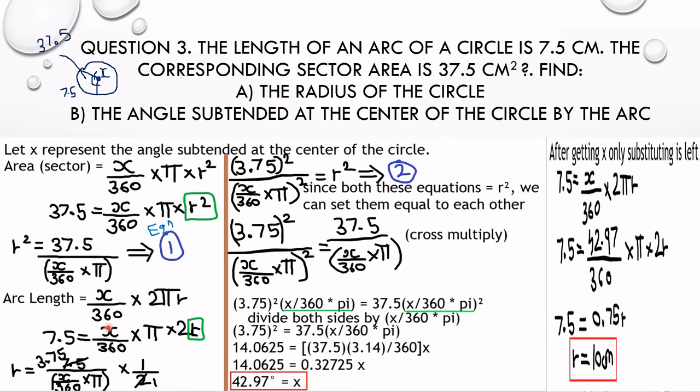So I simply take x upon 360 into pi down over here, and this 2 also you have to take to the other side. Now here I have written half. Why, I will tell you that also. So this is 2, so it will get divided by 2, right?